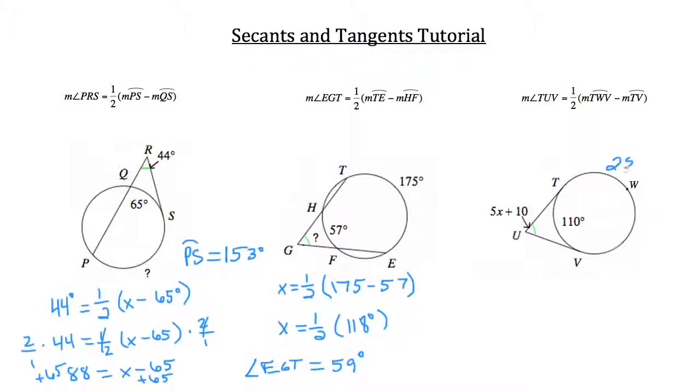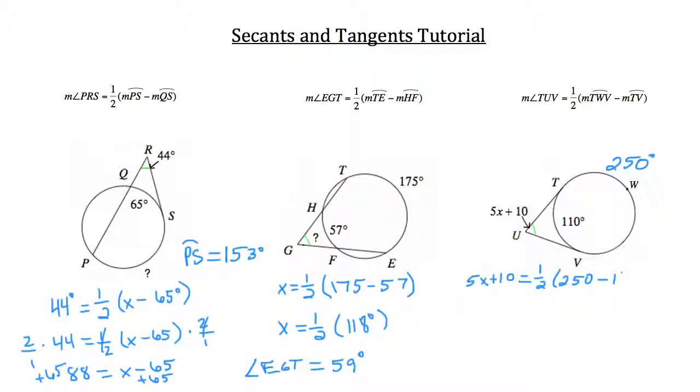So that's a way that somebody could make this problem appear to be more complex than it actually is. So let's go ahead and solve now. We know that that angle, TUV, is 5x plus 10. And that's equal to half of the major arc there, TWV, which is 250 degrees, minus the minor arc, which is 110 degrees.